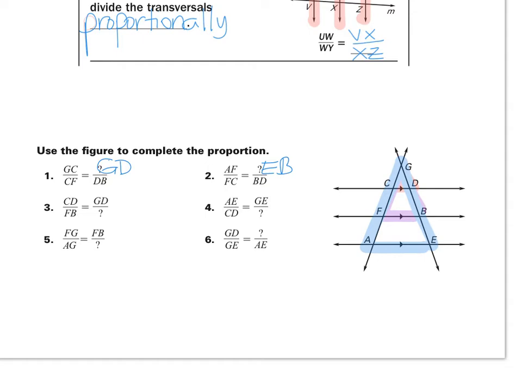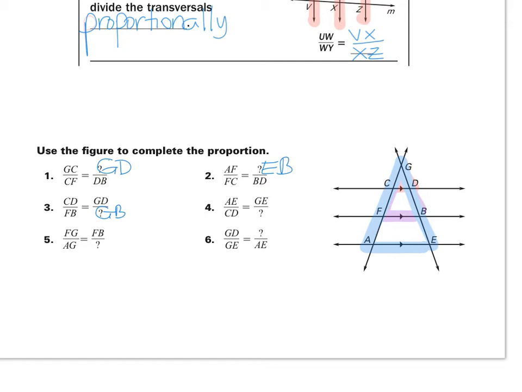CD, see that's one of those parallel segments, over FB, GD, so that's the side, and this is going to be GB. So that's kind of like the base of the triangle is CD, the other base, the purple one, is FB, GD red, and underneath there, over purple.